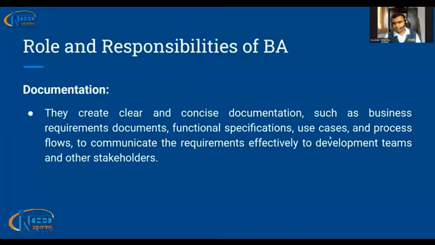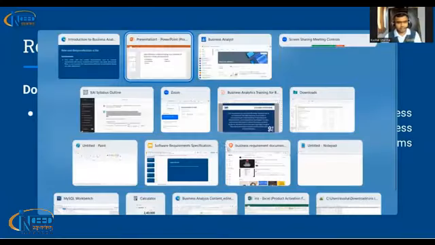Let us understand use cases and process flows. Use cases are basically, once we discuss with a customer, one particular functionality that has something to do with the user. Let me draw and try to explain that.